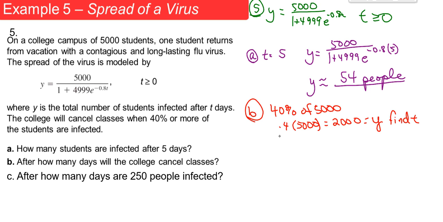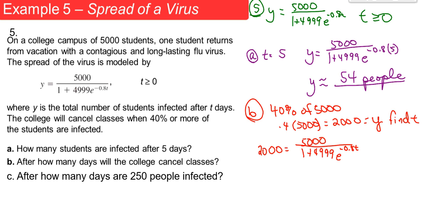And so in this one, we get 2,000 equals 5,000 over 1 plus 4,999 e to the negative 0.8t. For this one, I personally would multiply both sides by that denominator, and at the same time divide by 2,000.